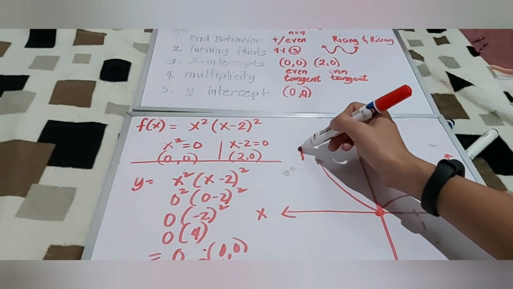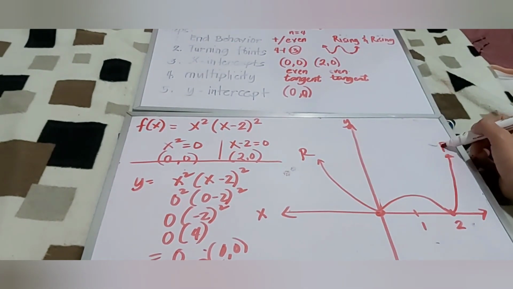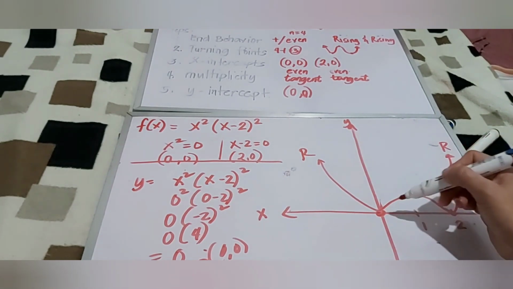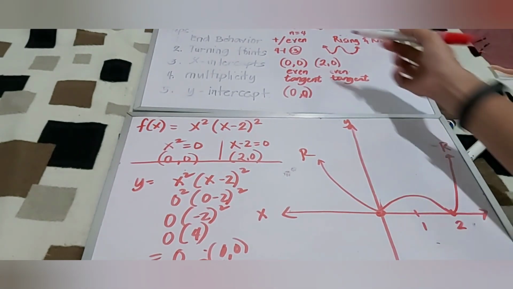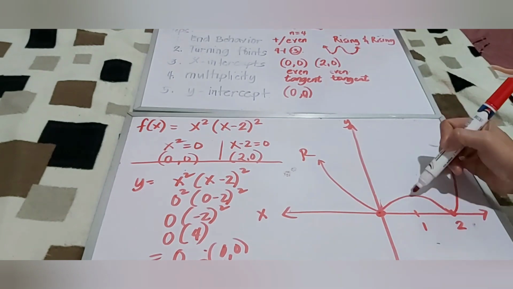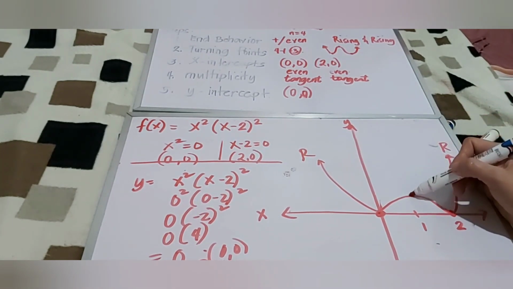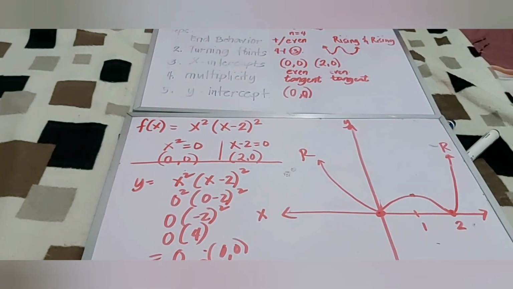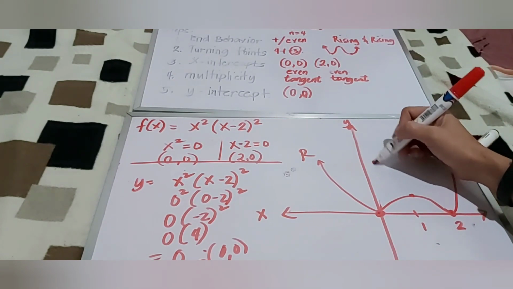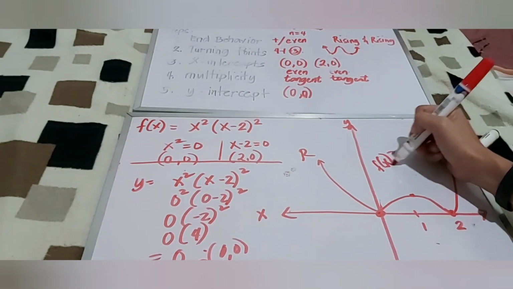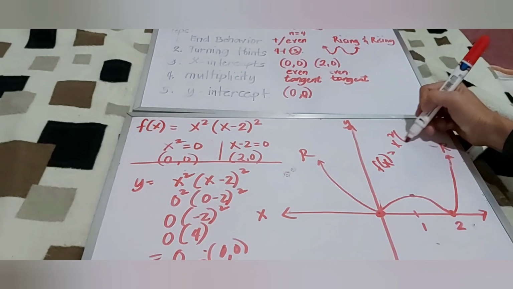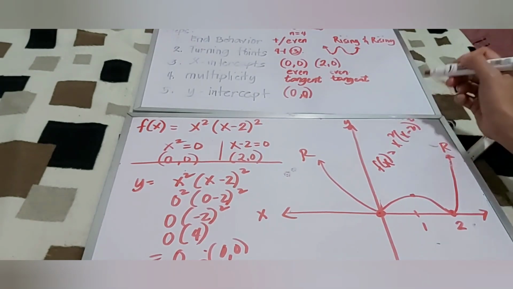We rise to the left, rise to the right, and we have 3 turning points. Isa, dalawa, tatlo. Okay, so this is the graph of f of x is equals to x squared times x minus 2 squared.